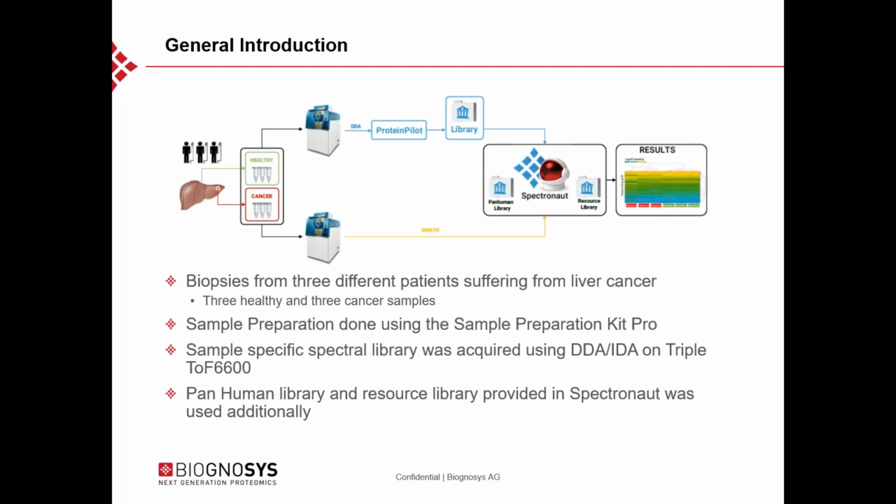DDA for spectral library, but also the SWATH data on the TOF 6600 for the actual quantitative work. On top of the spectral library produced directly from the sample, so the project-specific spectral library, we have also used 2 resource spectral libraries, one the pan-human library and the other one the resource liver library that you can actually download within Spectronaut.